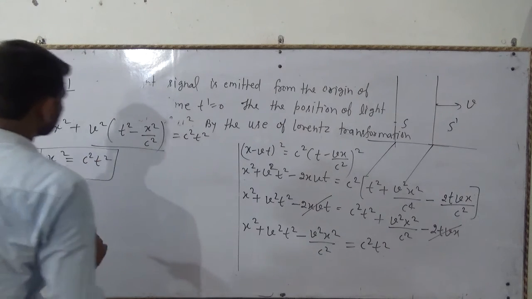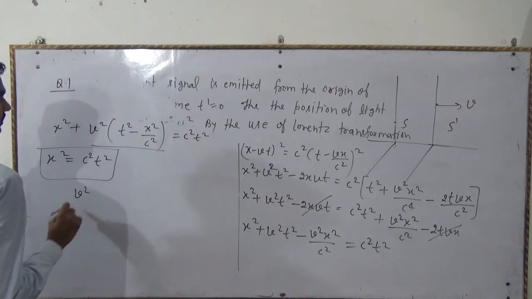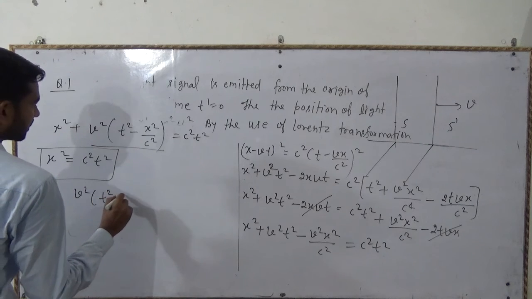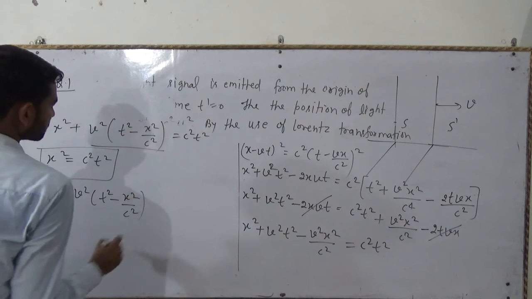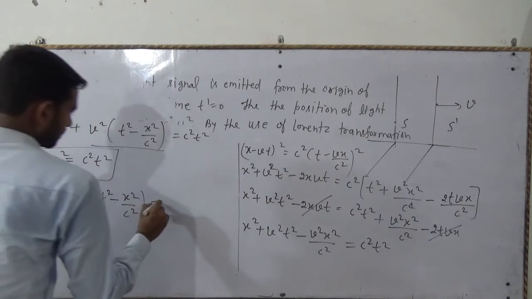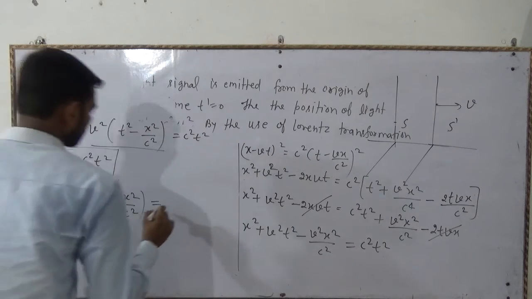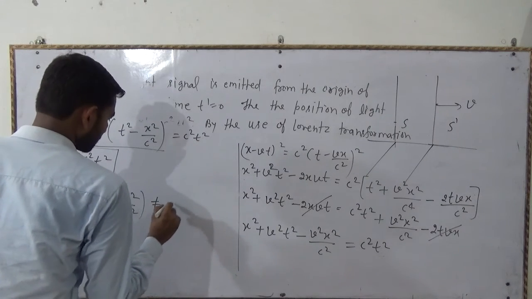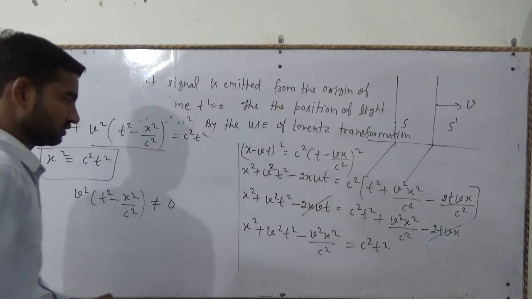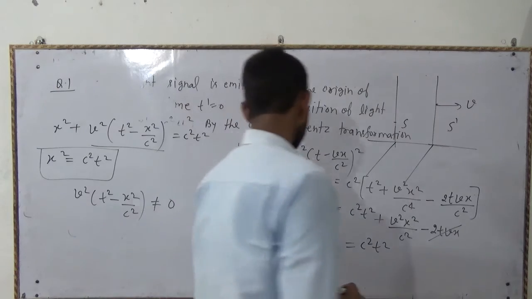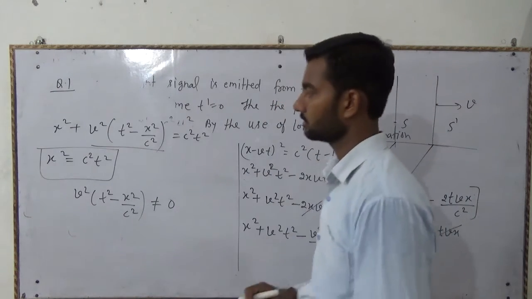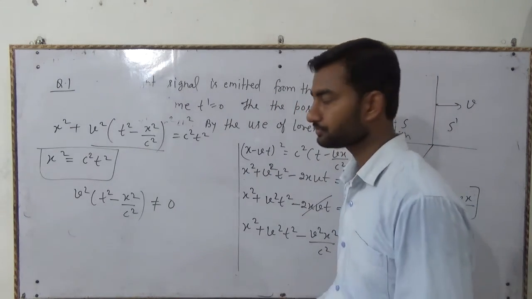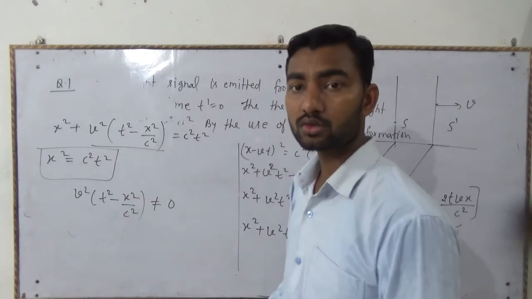this term v square times t square minus x square by c square will not be equal to 0. Why may this term not be equal to 0?